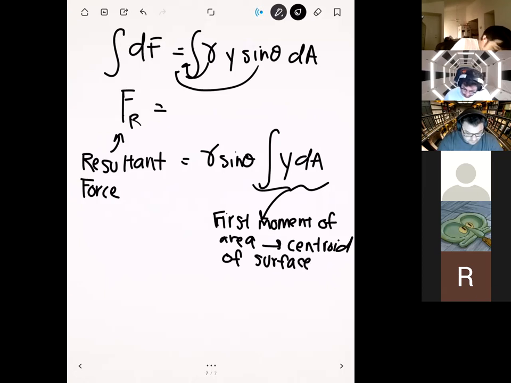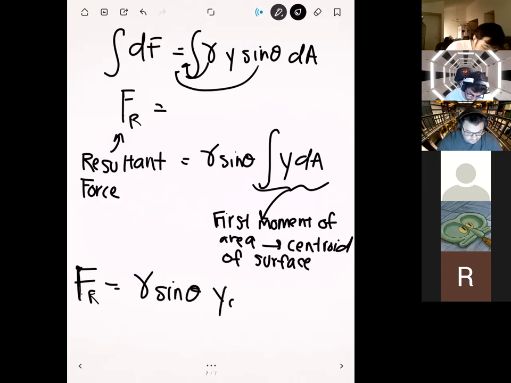If we plug that in, we can simplify this expression significantly. So we can say that F_R is equal to gamma sine theta times Y_C A, where Y_C is the y coordinate of the centroid, so we multiply by the area still.